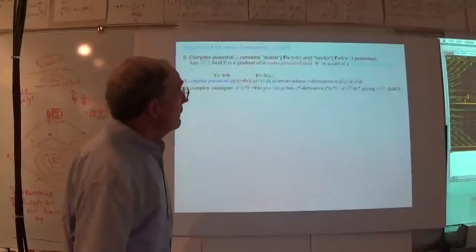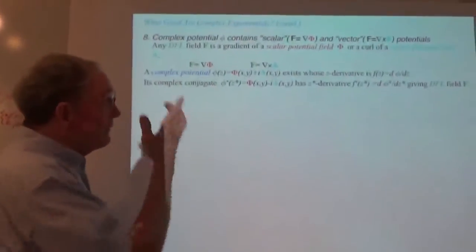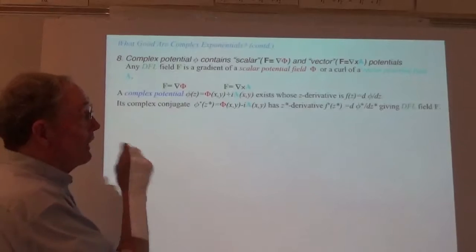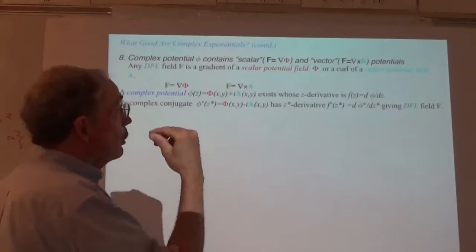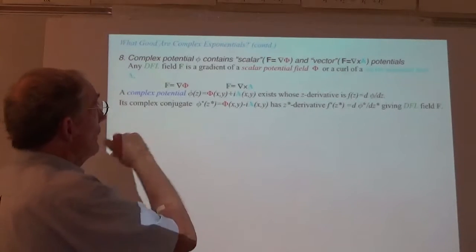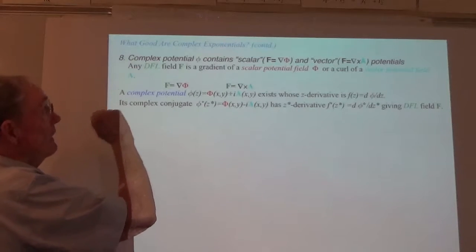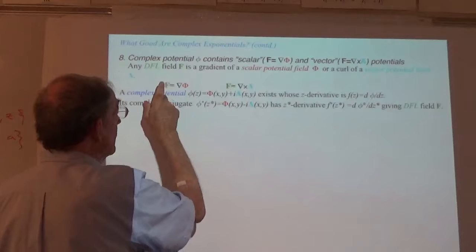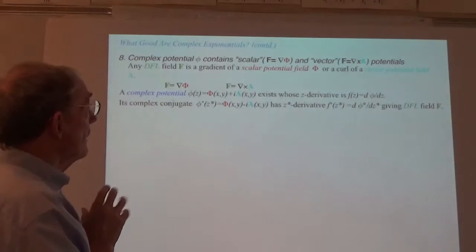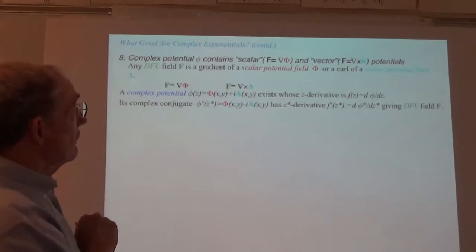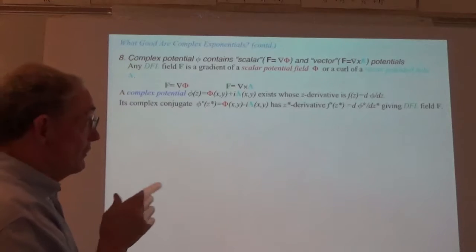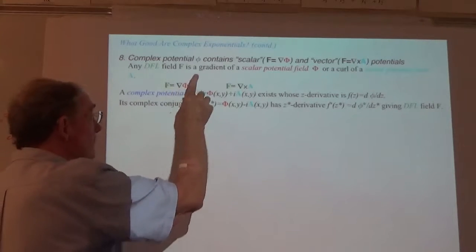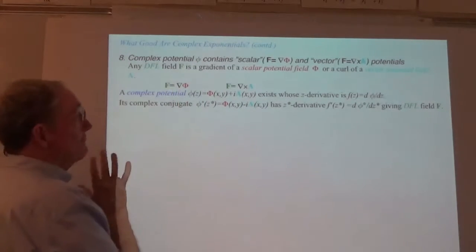Now, if this thing is laminar, that's divergence free, curl free, then and only then can I find a potential that will give it just by taking a derivative of that potential. That's a z derivative, and it's complex, and this is a phi that's complex.